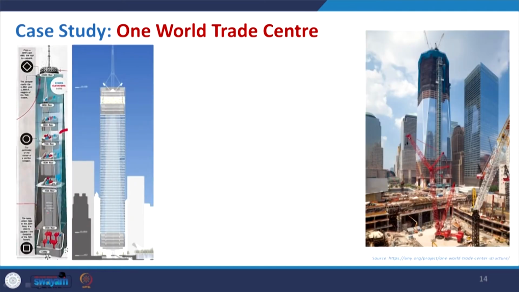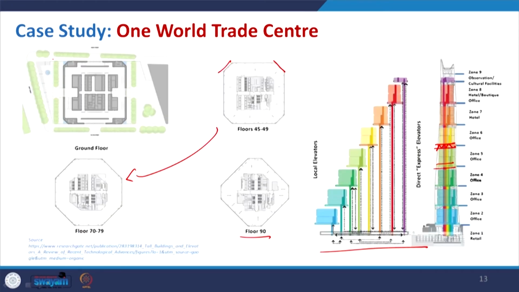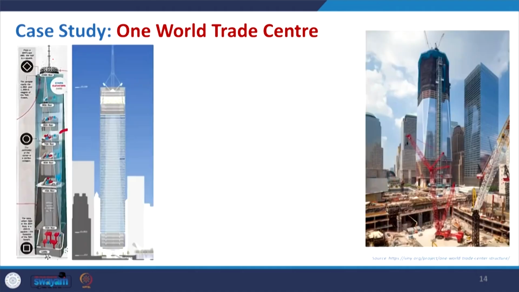Here you can see how the concrete core runs through and through, with different services clubbed together. When you go up, the number of lifts and the quantity of people to be served varies, and accordingly the plan has to be made.